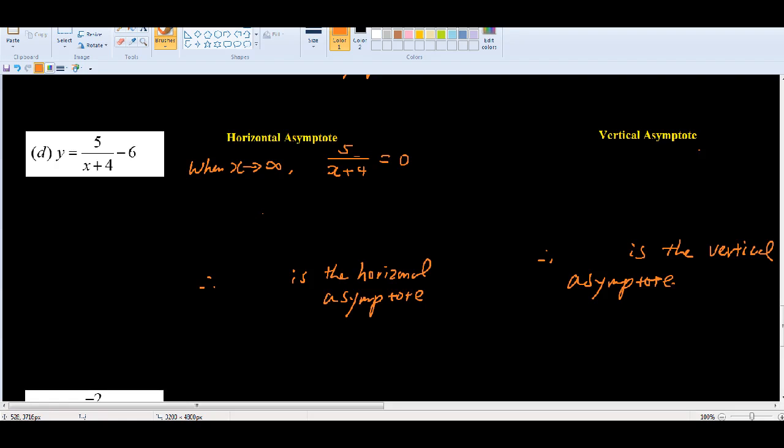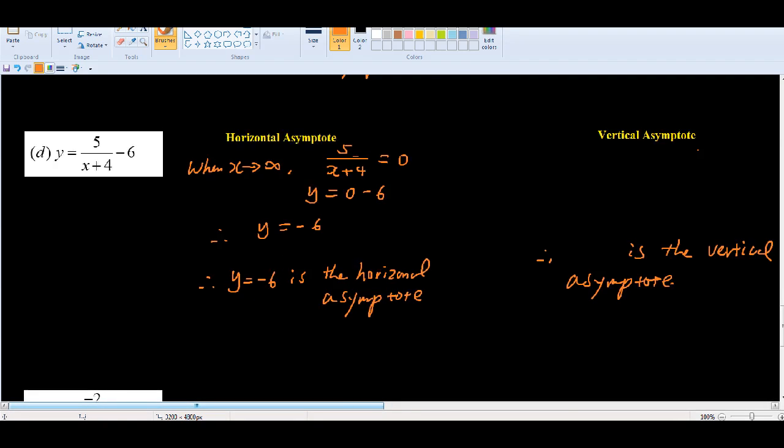And if that is 0, then y would be 0 minus 6. So basically y equals minus 6, and that y equals minus 6 will be the horizontal asymptote in this case.